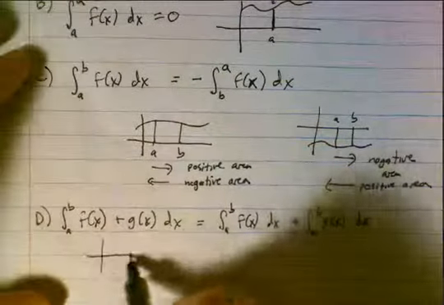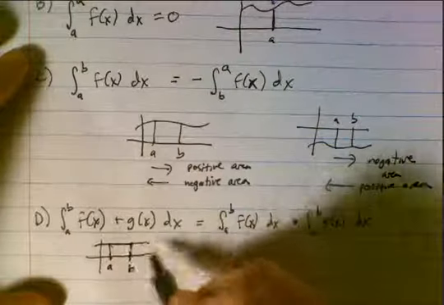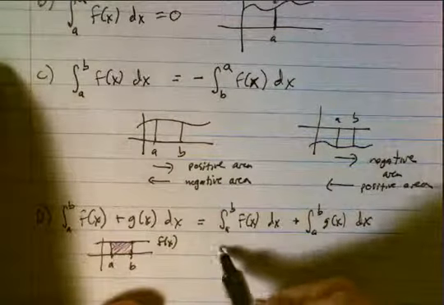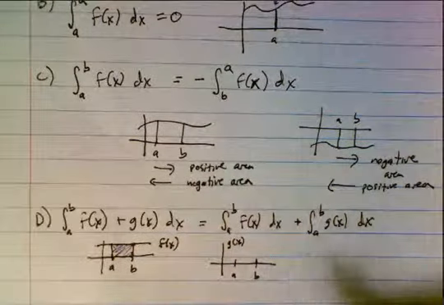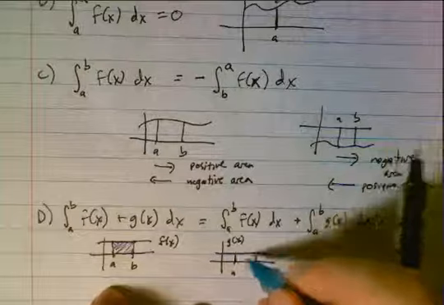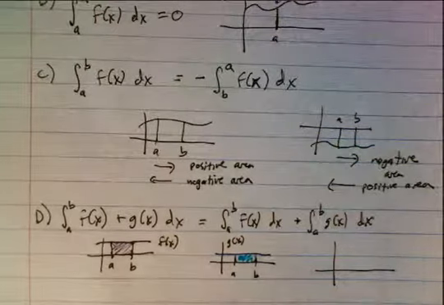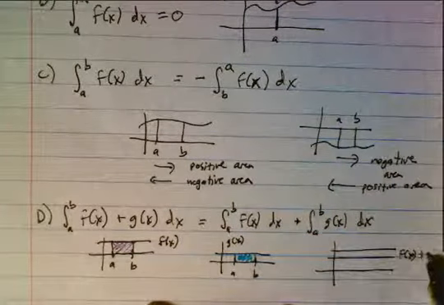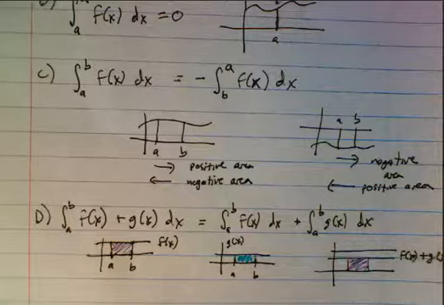If we have a function f of x and we have a function g of x, if we put those functions on top of each other, so we start off with f of x, and then I put a little plus g of x, then those areas are kind of stacked on top of each other as well.